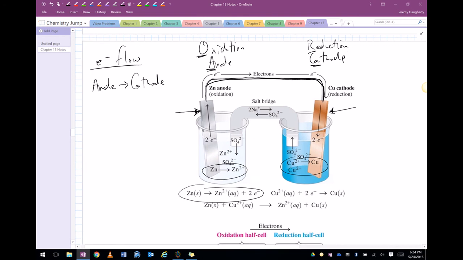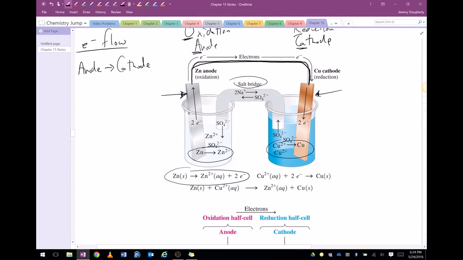And then finally, we need a salt bridge. The reason we need a salt bridge is because as these electrons flow, let's imagine that salt bridge isn't there. As these electrons flow, this beaker is becoming increasingly negative, and this beaker is becoming increasingly positive. Well, electrons won't continue to flow if that's the case. We'll short out quickly.